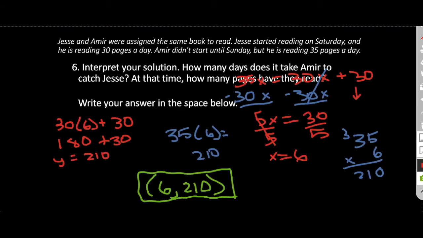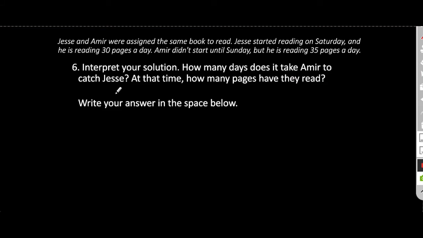So we need to interpret our solution. How many days did it take Amir to catch Jesse? And then at that time, how many pages have they read?